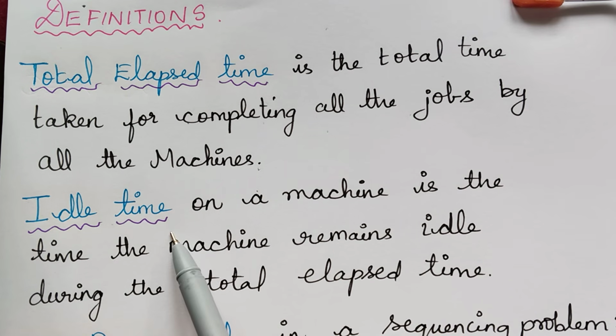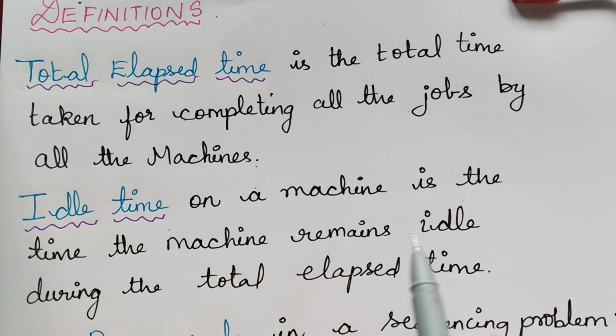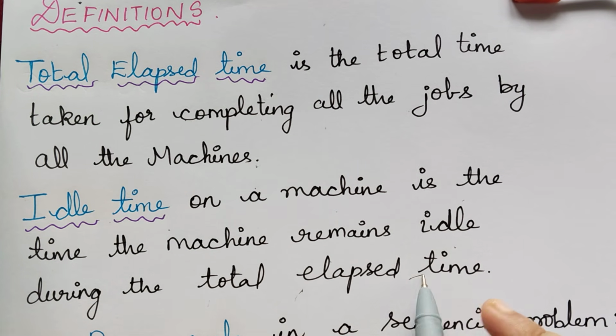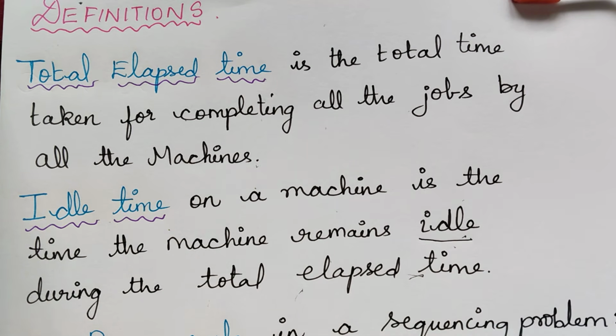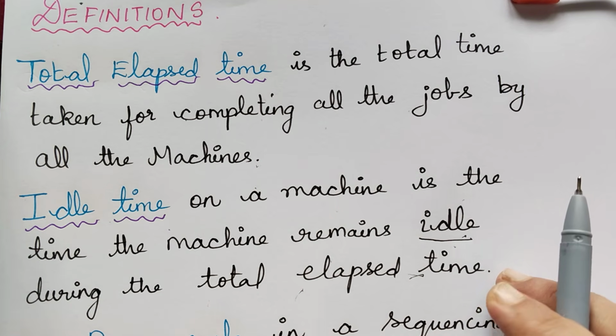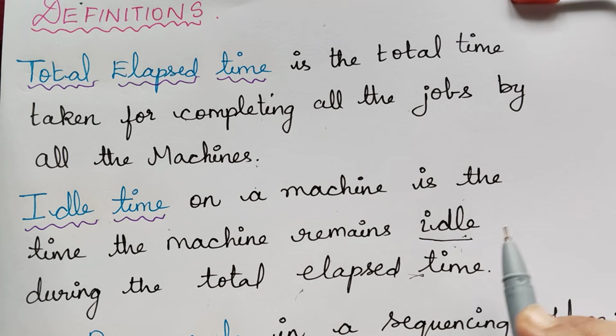And what is idle time? Idle time on a machine is the time the machine remains idle during the total elapsed time. That is, it is the time in which there is no job on that machine.